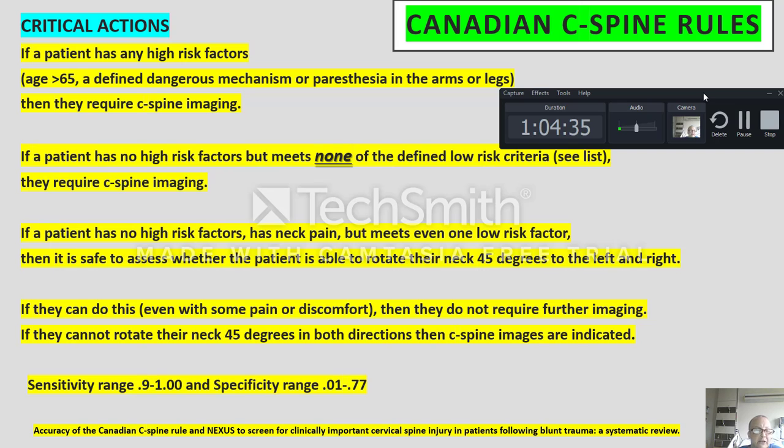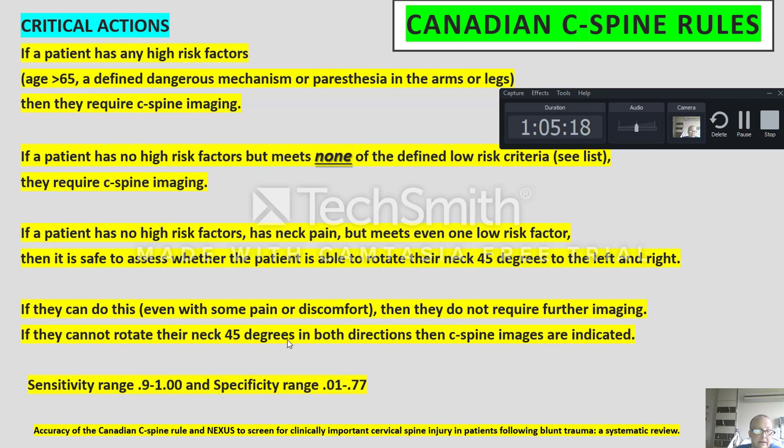If the patient has no risk factors, has neck pain, but meets even one low-risk factor, then it is safe to assess whether the patient is able to rotate their neck 45 degrees to the right or 45 degrees to the left. If they can do this, even with some pain or discomfort, then they do not require further imaging. If they cannot rotate their neck 45 degrees in both directions, then C-spine images are indicated.